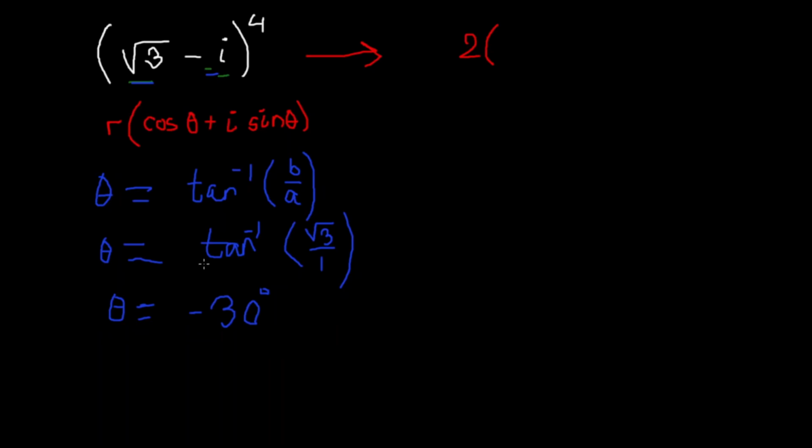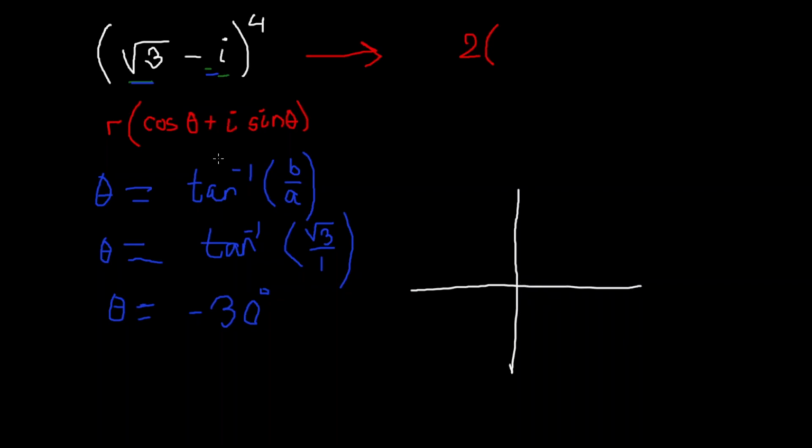And this is the right angle because if we try to plot this complex number on an imaginary plane, the horizontal axis is the real part and the vertical axis is the imaginary part.